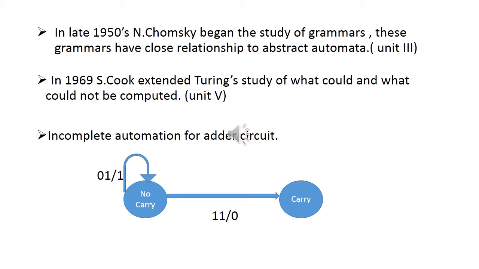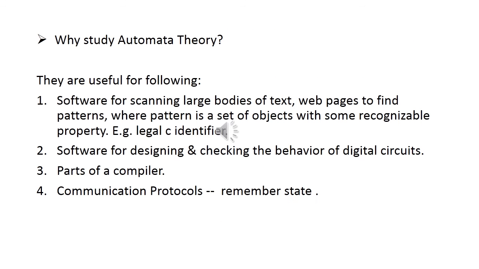So from the no carry state we make a transition to the carry state when our inputs are 1 1. This is an incomplete automaton because I have not given all the transitions. All the transitions means we should have 0 0 input, we can have 1 0, and it's not only in the no carry state, we can have these inputs in the carry state as well. So we'll complete this automaton in our coming lectures.